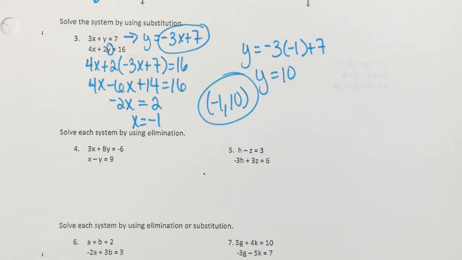For 5, did you get the solution? So that way it cancels out.